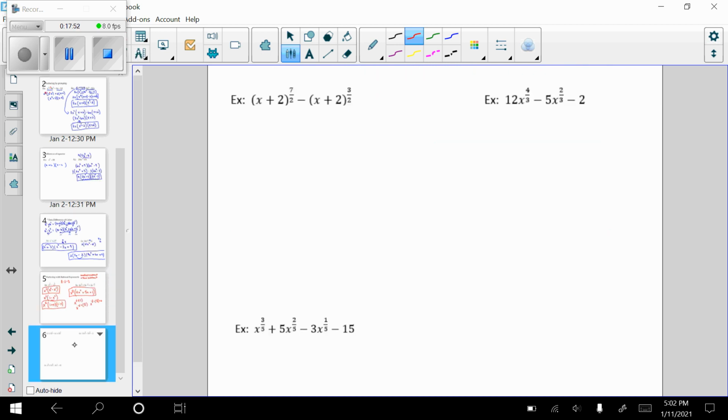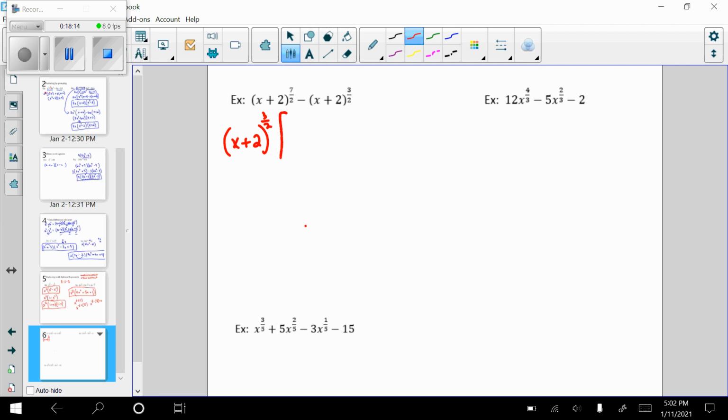All right, so more rational exponents. Okay, so this one, my base is common. I have x plus 2 as my common base. So my smallest exponent showing here is 3/2. So I'm going to factor out x plus 2 to the 3/2.